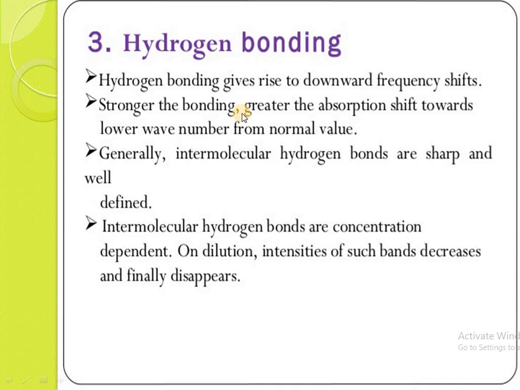This is also expected, and generally we know that intermolecular hydrogen bonds are sharp and well defined. These intermolecular hydrogen bonds are concentration dependent, and on dilution the intensity of such bands decreases and finally disappears as the number of molecules decreases, so the hydrogen bonding also decreases.